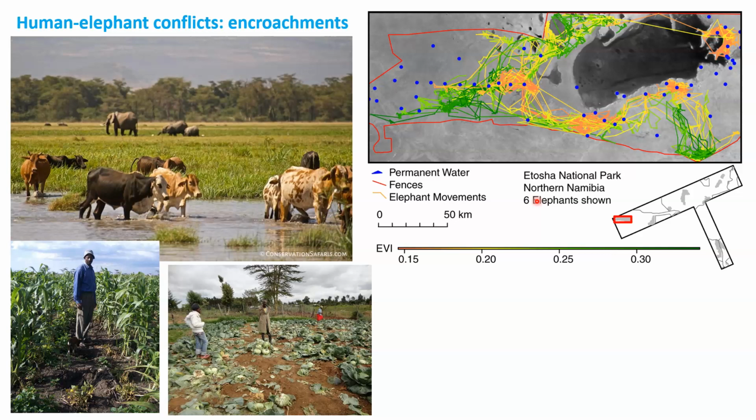The blue dots represent water bodies, and the lines in different shades from red to green show elephant movements. Green lines show elephant movements during monsoon season, red lines show elephant movements during dry season. This study comes from a northern Namibian national park, right?